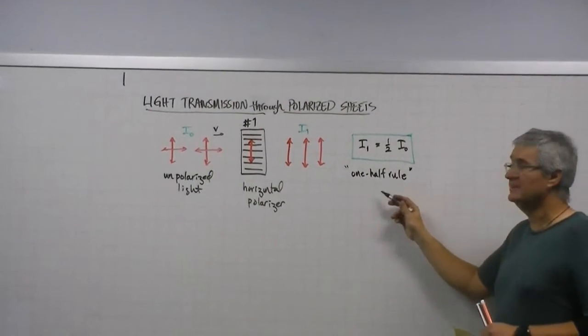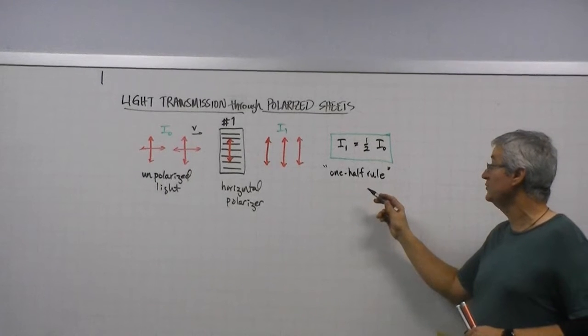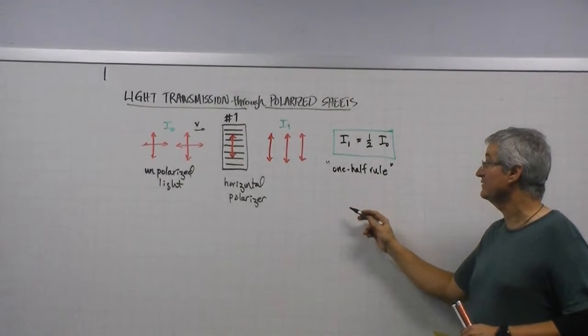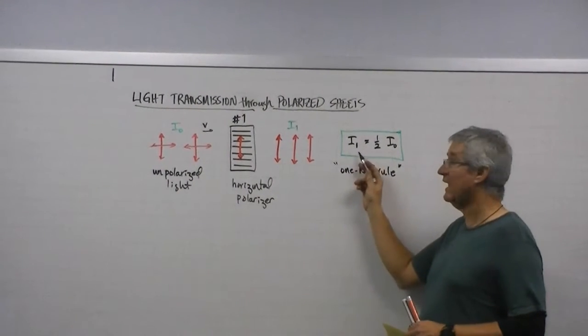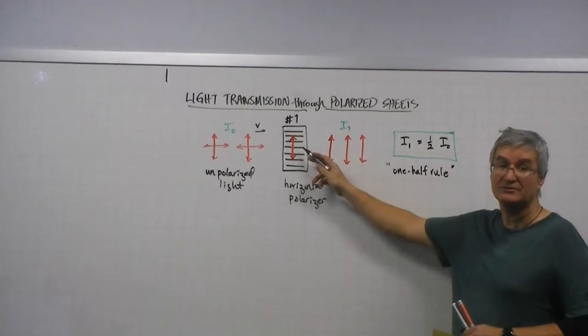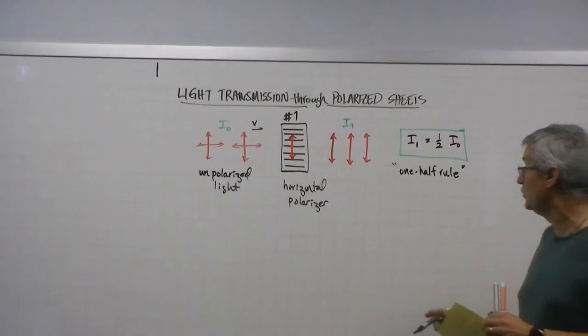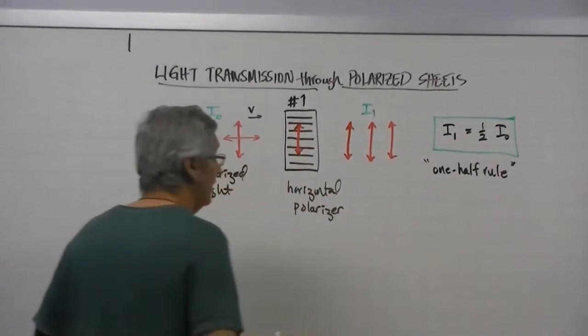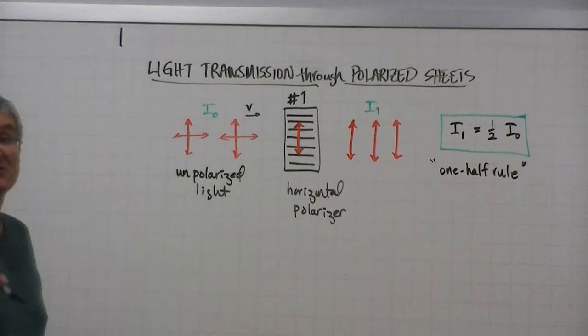But one thing that you probably fail to realize is that this 1/2 rule is independent of the direction of this polarizer. So for example, we could look at other examples here. So let me state this before I move on.